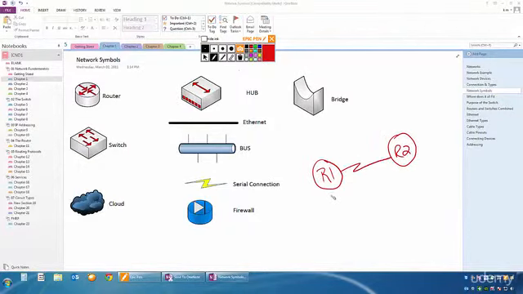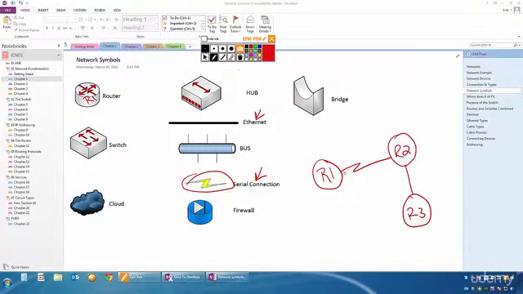If I draw this symbol here, as you can see, here's my router. If I drew this symbol here, that means I'm using a serial connection, as you can see with the lightning bolt here. If I was going to connect to another router, say router 3, and drew a straight line, that means I will be using an Ethernet connection.